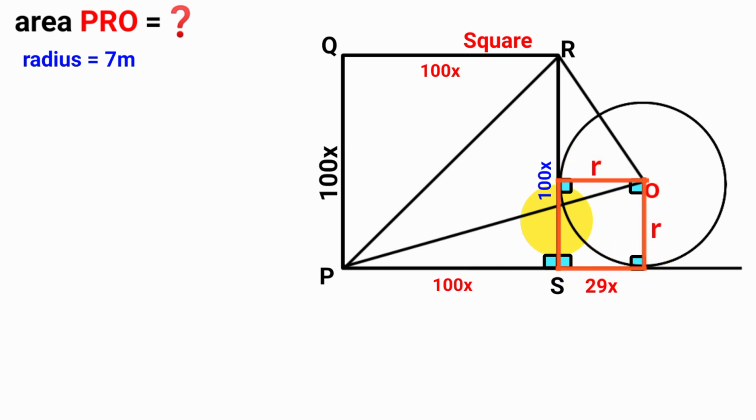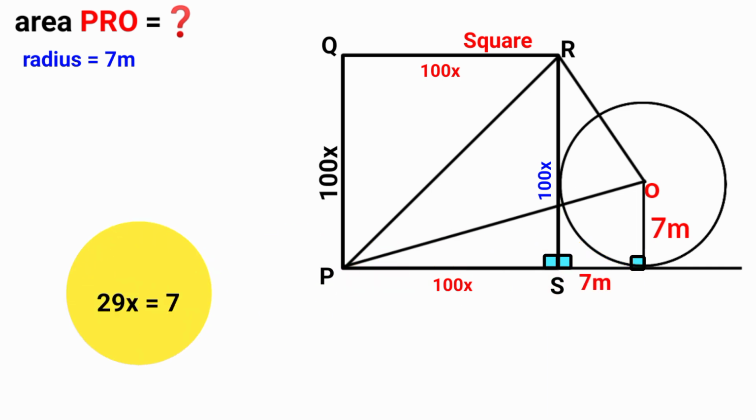That is, this side, this, and this are equal. So since this is r and this is 29x, that means 29x equal to r. We have the radius of the circle here to be 7 meters. Substitute here. So 29x equal to 7. That is, the length of this side is 7 meters.